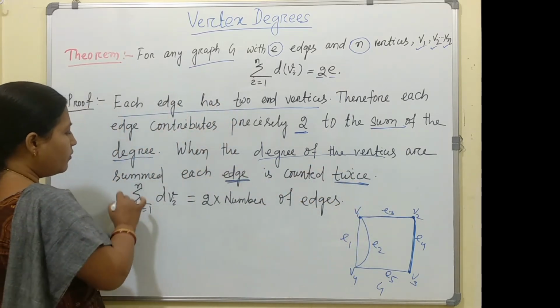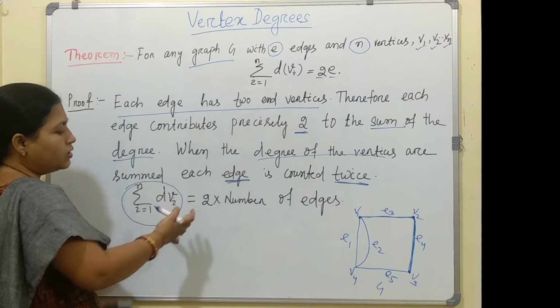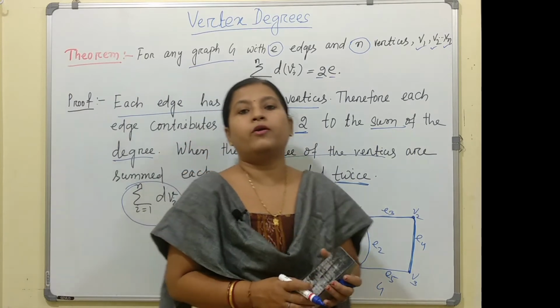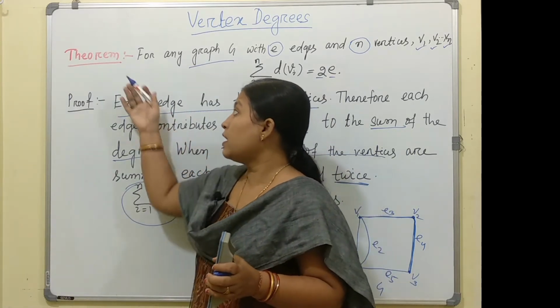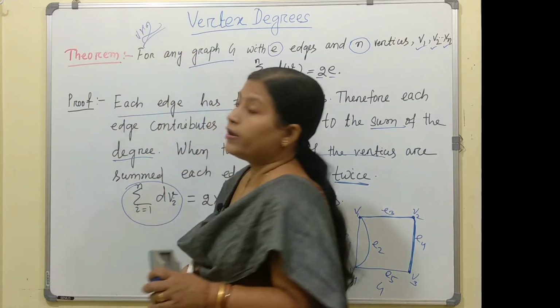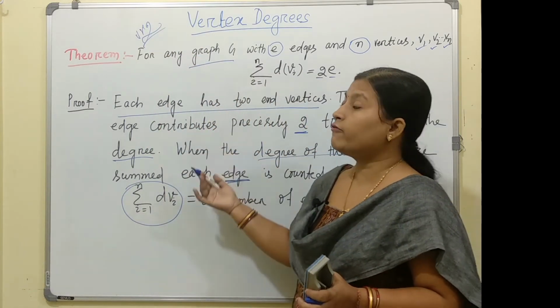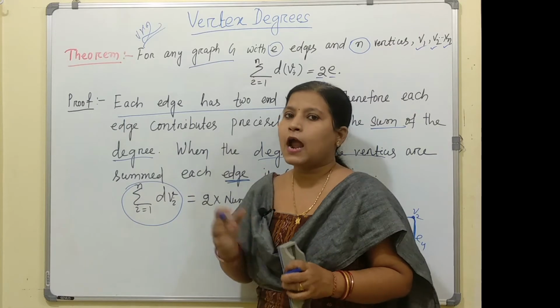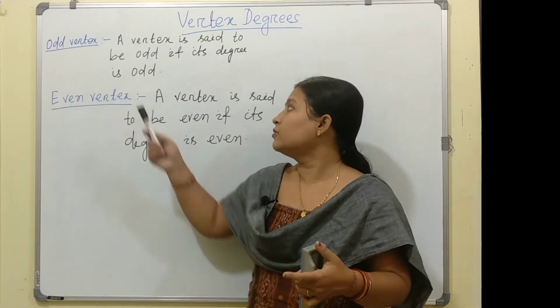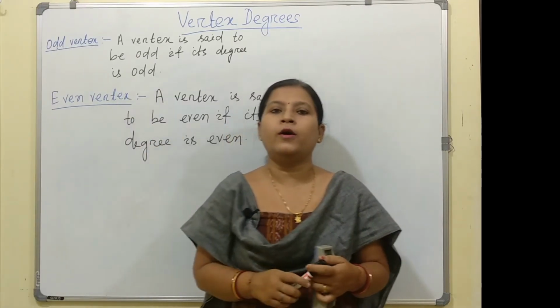So when we add all the degrees of vertices, we get 2 into number of edges. This is a very important theorem, the first theorem of graph theory, and it is also called the handshaking theorem.